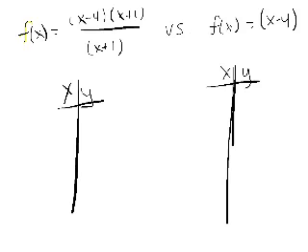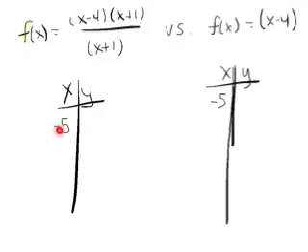So let's say we start off with -5. I'm going to do it in both places. If I plug in a -5, this is -5 minus 4, which is -9. And -5 plus 1 is -4, and -5 plus 1 is -4. What do you notice about what you have on top and bottom?